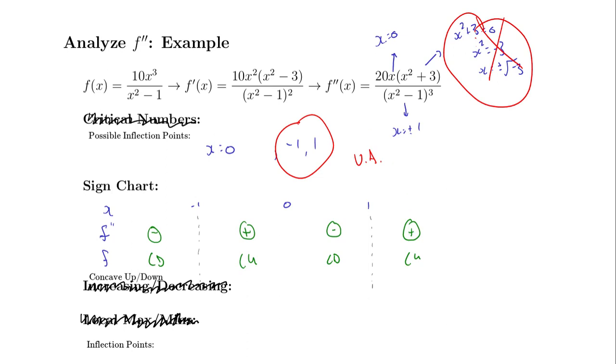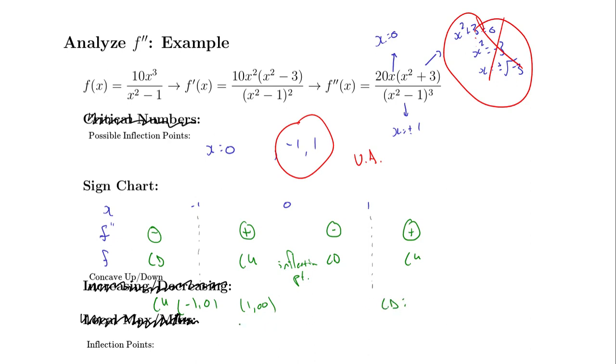All right, so this should be what it looks like. Notice the concavity does change at these vertical asymptotes. So if we didn't kind of note that these were asymptotes, we might get tricked into thinking this is an inflection point at negative 1 and at positive 1, when really the only inflection point is here. So we can go ahead and say we're concave up on the interval from negative 1 to 0 and from 1 to infinity.